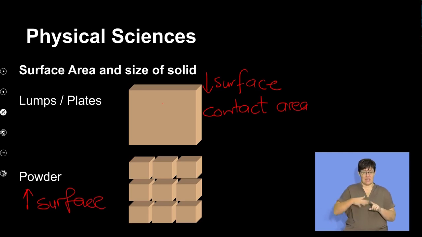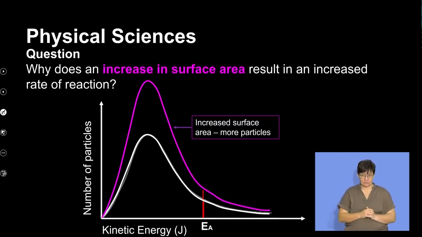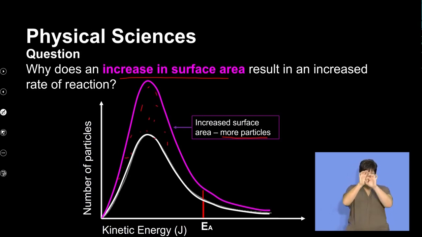So when we look at our Maxwell-Boltzmann graph, we will see that we have the normal graph. And because of the surface area that's now increased, we now have more particles or more interaction on the bigger surface area. So when we use powder, we actually now have more particles that interact during the reaction.